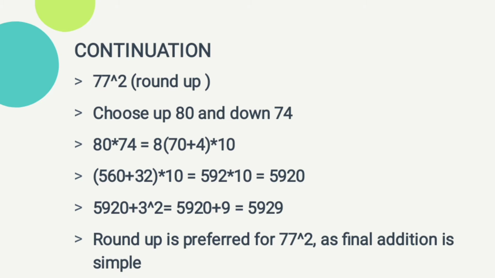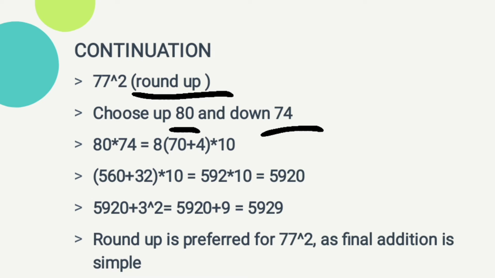When you round up, the number you choose to round up must be a nearest multiple of 10. For 77, towards up, the nearest multiple of 10 is 80. Choose the downward number to be 74.